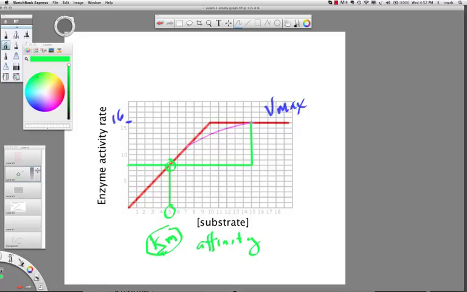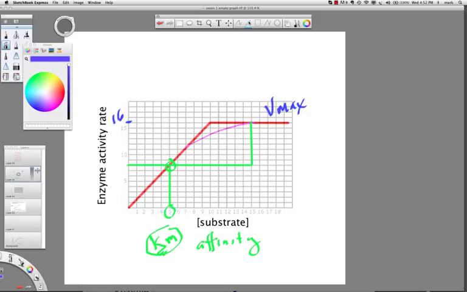What about Vmax? Would that change if we added or subtracted enzyme from the test tube? Well, yes. So let's say I reduce the amount of enzyme in a test tube.